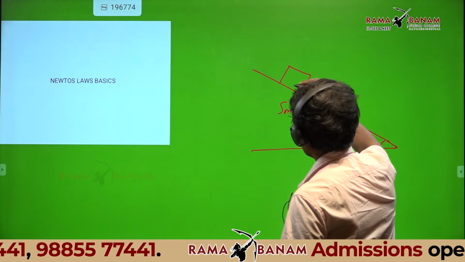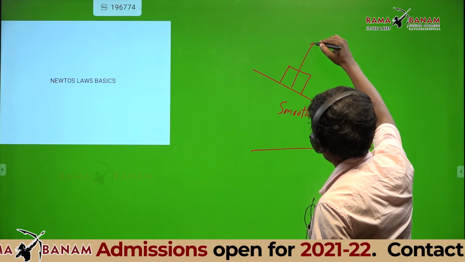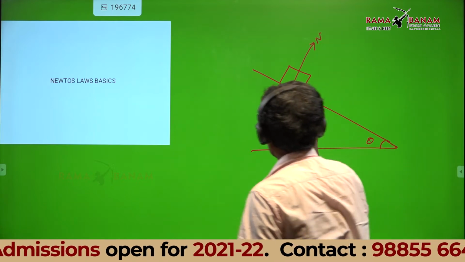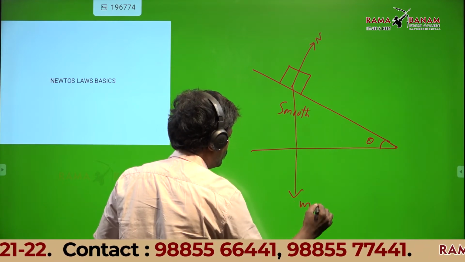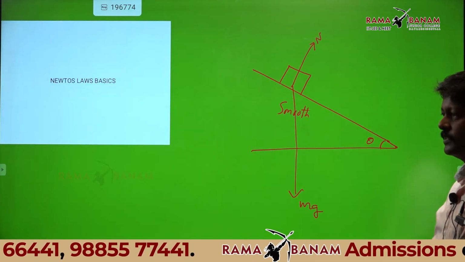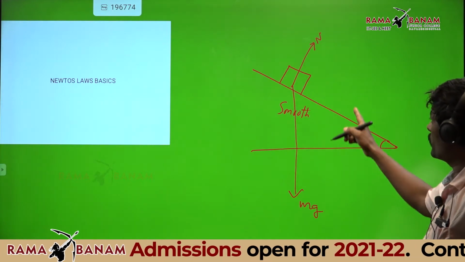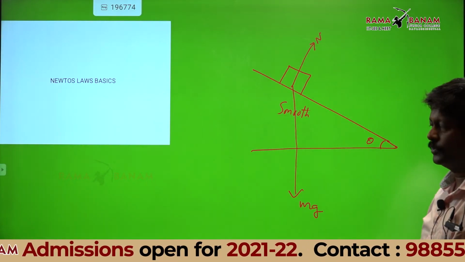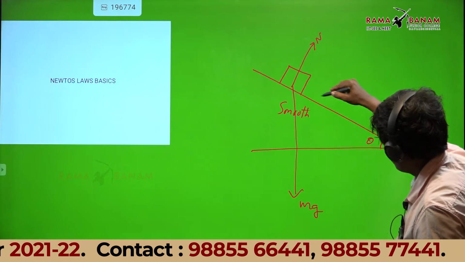Now, normal reaction is perpendicular to the surface on the body, whereas mg is vertically down. So what I want to say is the weight of the body need not be perpendicular to surface. Look at this, weight of the body is down, surface is like this.